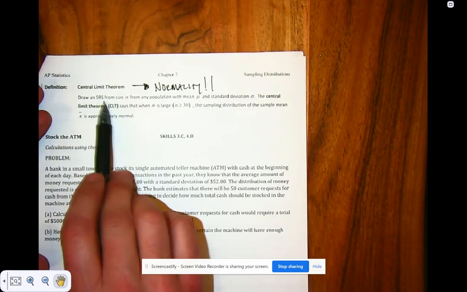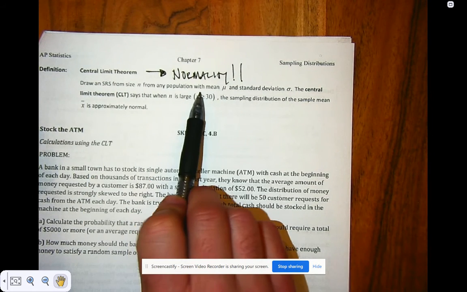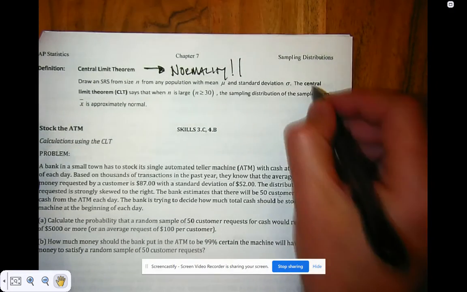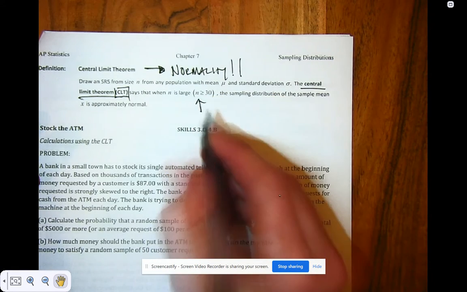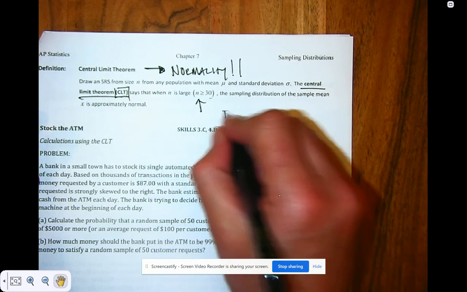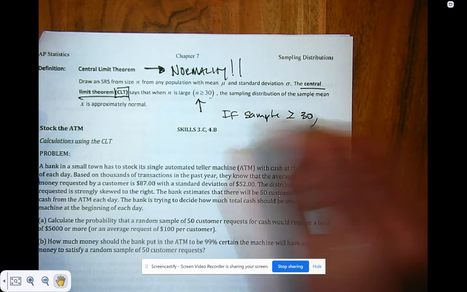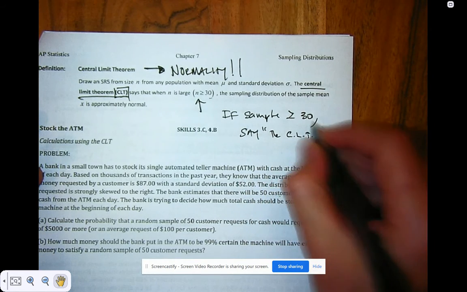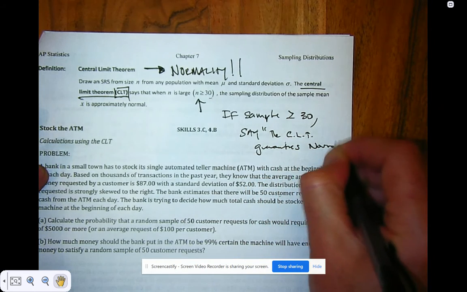So what happens, you guys, if you're taking an SRS from any population? It doesn't tell you that it's normal. You're totally okay as long as you quote the CLT, okay? If your sample size is greater than or equal to 30, say the CLT guarantees normality.